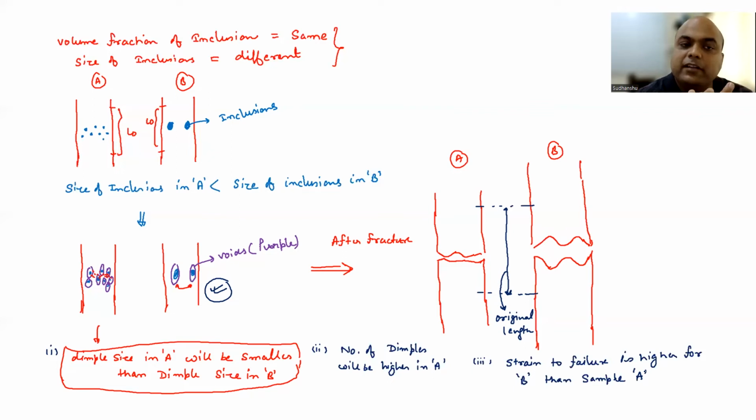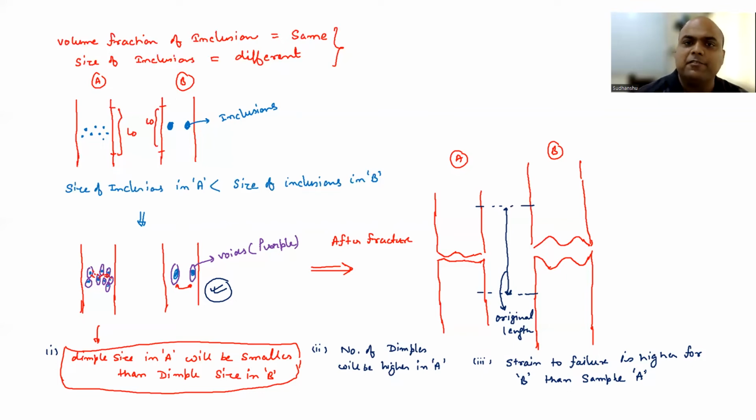Now, if you increase the size of the inclusions, keeping the volume fraction the same, the distance between the voids is going to be larger, which is the case B here. And that means the strain to failure is also going to be higher. So this is what I wanted to discuss about the effect of inclusion size and volume fraction.